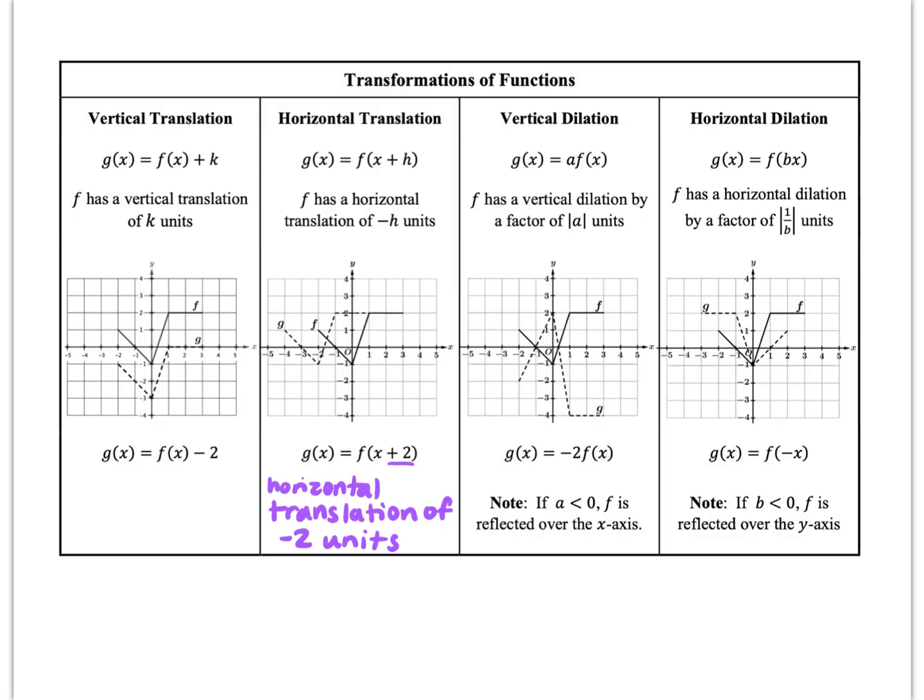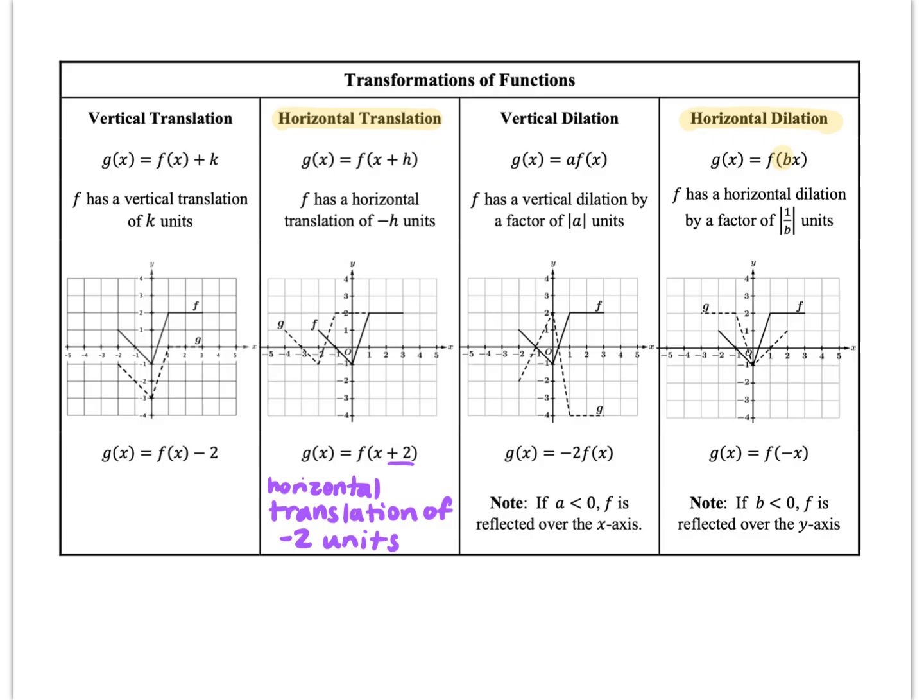And then lastly, we have a horizontal dilation, and a horizontal dilation affects the x. So notice, like with these two here, the horizontal translations and the horizontal dilations, they're going to be like the opposite of what you see in the parentheses. So here, if my b value in the parentheses is there, the horizontal dilation is going to be by a factor of 1 over b.